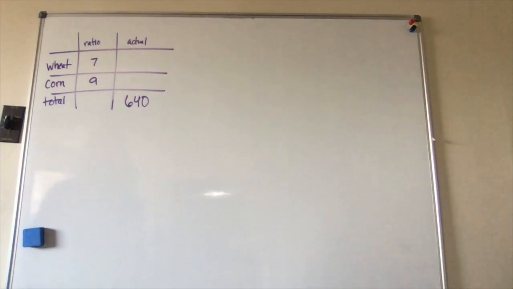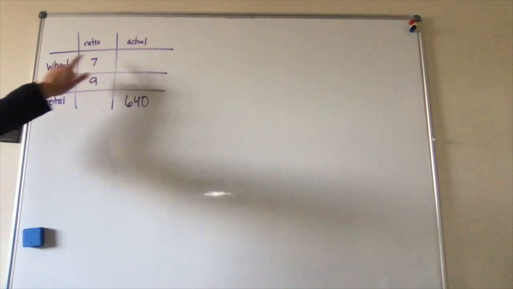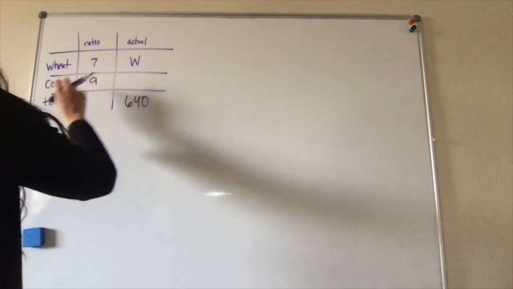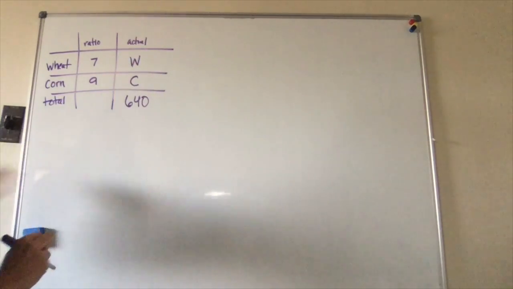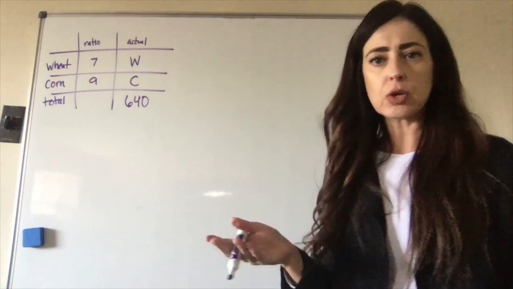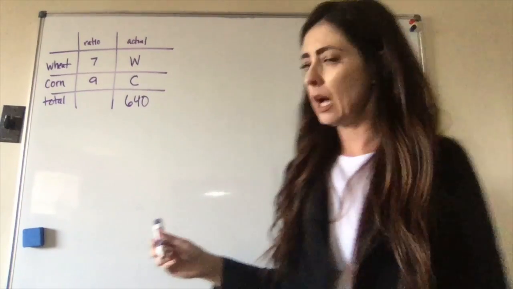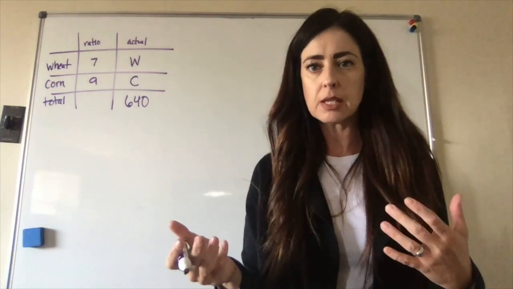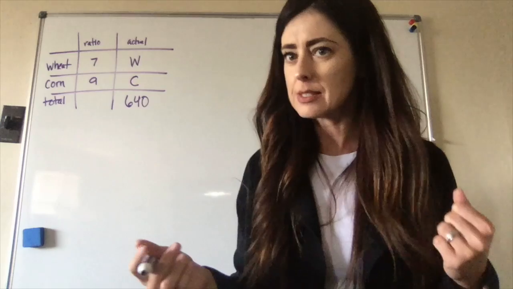Okay, so do we know how many actual acres he's going to do of wheat? No, so we're going to use W. Corn? No, so C. Do we know the total number of units that the total acreage is going to be broken into? Well, we know that there's going to be 7 wheat and 9 corn, so 7 plus 9 is 16.